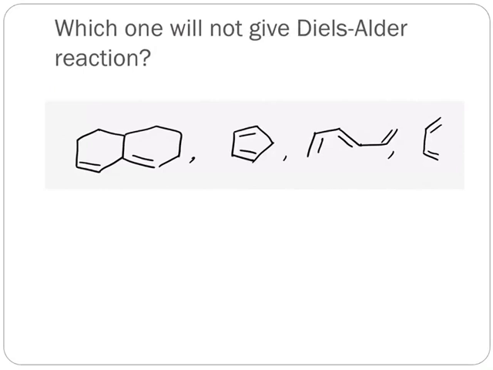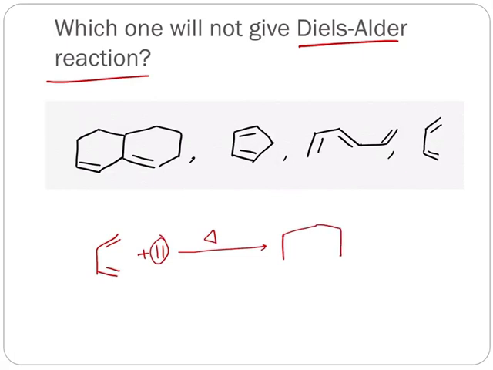Before going to the discussion, one should know what the Diels-Alder reaction is. Diels-Alder reaction is a pericyclic reaction where the diene reacts with an olefin under thermal condition to give a cyclic product.